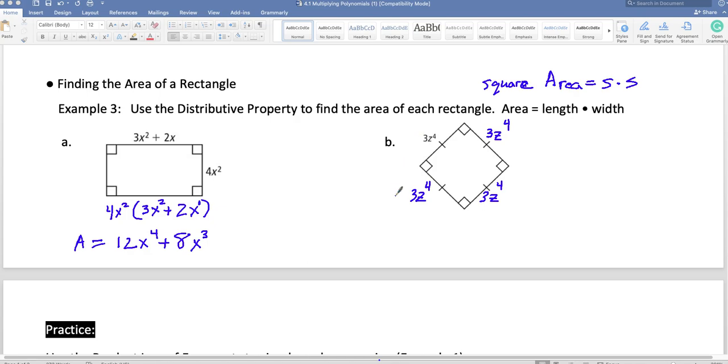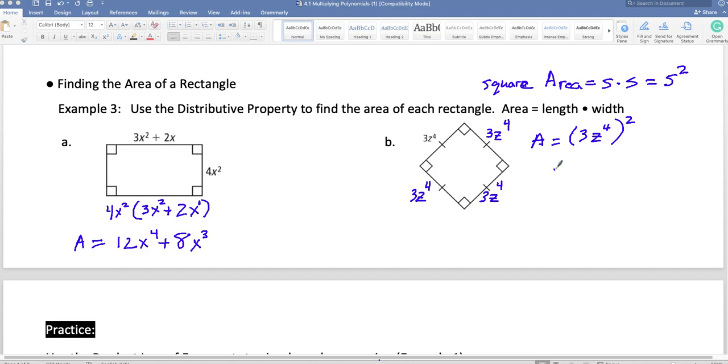This is a side, that's a side, side, and side, which is, side times side is going to be side squared. So I can write this as, the area here is going to be equal to 3z to the fourth times 3z to the fourth, which we know is this. This is all the way up in the first box when we talked about the product property and we looked at something like this. So that follows this part of the formula.